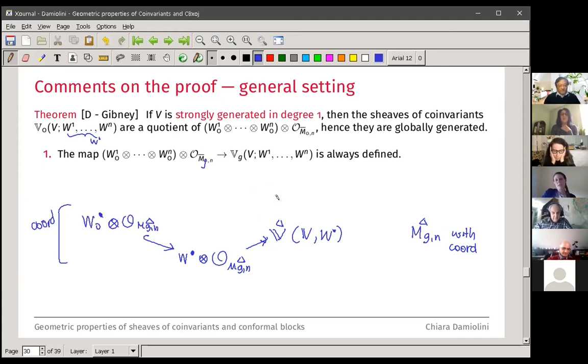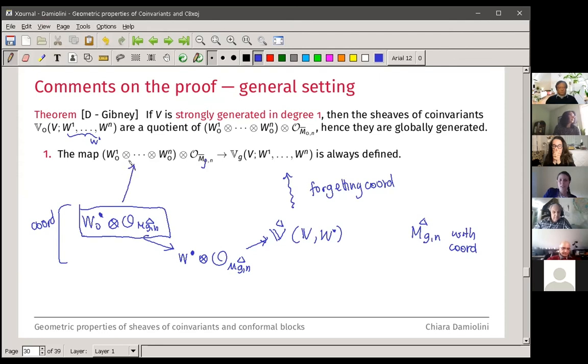Here, below I write, if I fix coordinates. But what I know is that the way to go to the real coinvariants is by descent, forgetting coordinates. And this procedure of forgetting coordinates, since we are in the lowest degree possible, doesn't do anything here. So this really descends to the constant bundle too. However, notice this does not descend to the constant bundle. This will descend to some ugly thing, something which is not constant.